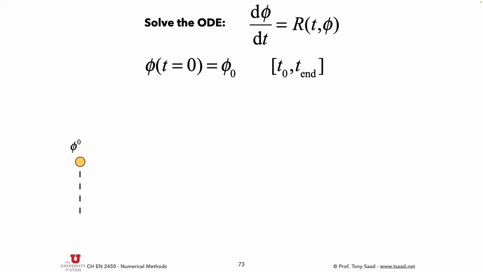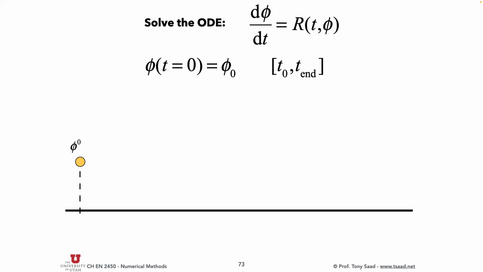That's the value that's given to you. And you are to integrate to solve this problem from some arbitrary initial time to some arbitrary end time. So with the lobster, for example, we started from 0 to 60 minutes or 20 minutes, and the initial condition on the lobster was its temperature, right? Because phi was the temperature in that case.